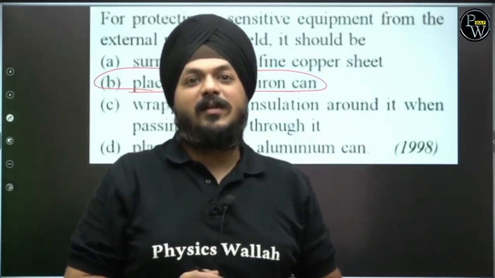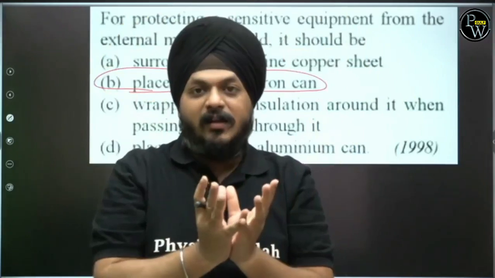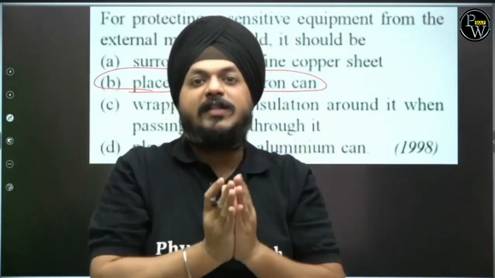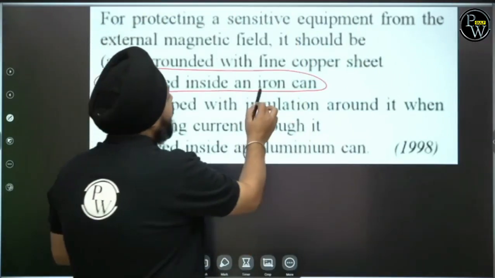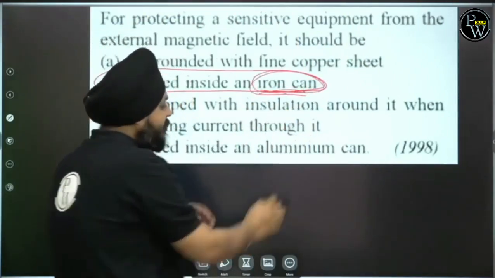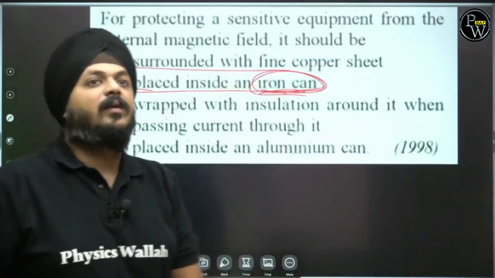Similarly here, if you want to protect sensitive equipment, just have a layer of iron in between, have the free space, and keep the sensitive equipment within it. That's why it is named an iron can. Inside the can there is a space where we can keep the sensitive equipment.